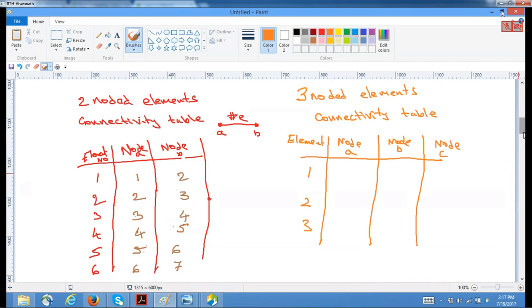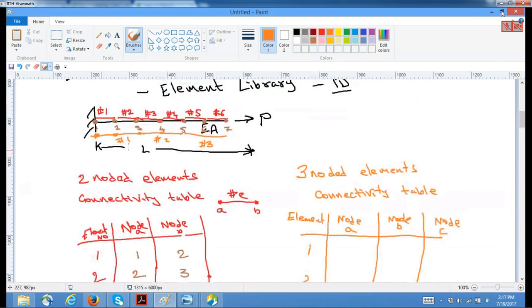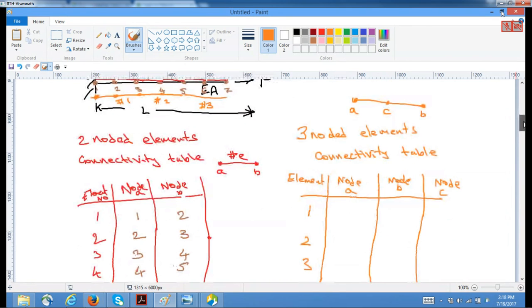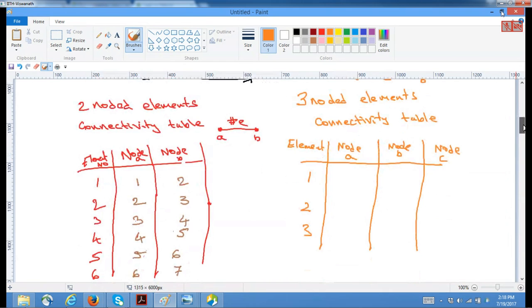So let's have a look again. We have element 1, element 2, and element 3. Anyway, let us draw it again. A three-noded element would be something like this, where we find this as node A, node B, and node C. So for that, our connectivity, node A is 1, and node B is 3, and this is 2.